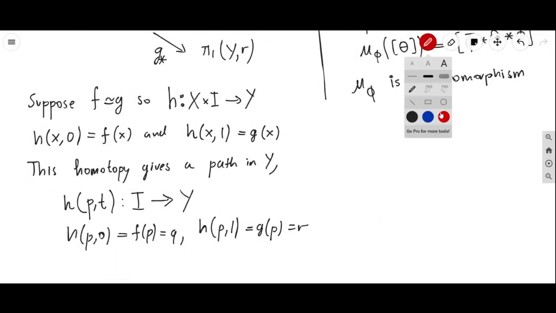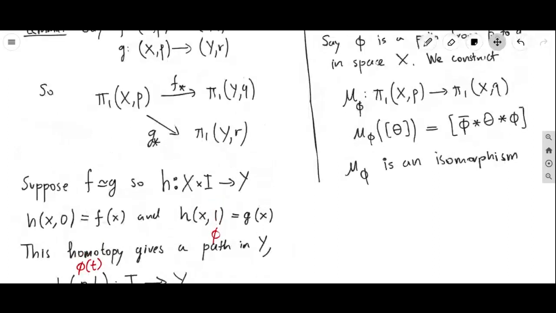So let's call this path phi. So this entire thing is phi of t. The point is being fixed throughout, so this is just a function of time, phi of t. And the lemma says that there's an isomorphism here, and this isomorphism is precisely mu of phi.